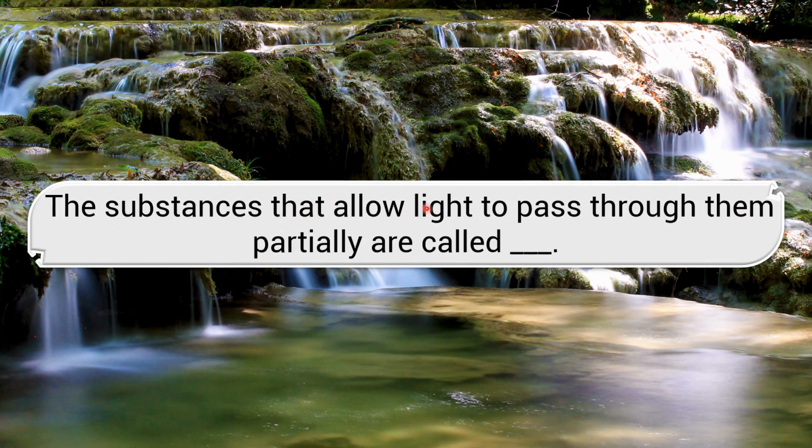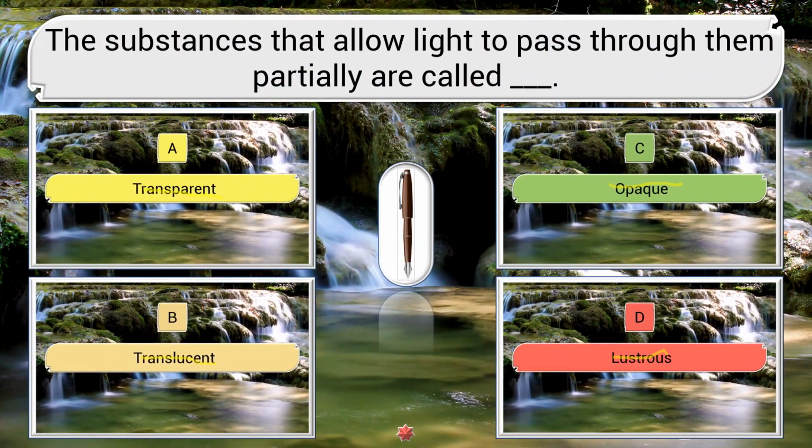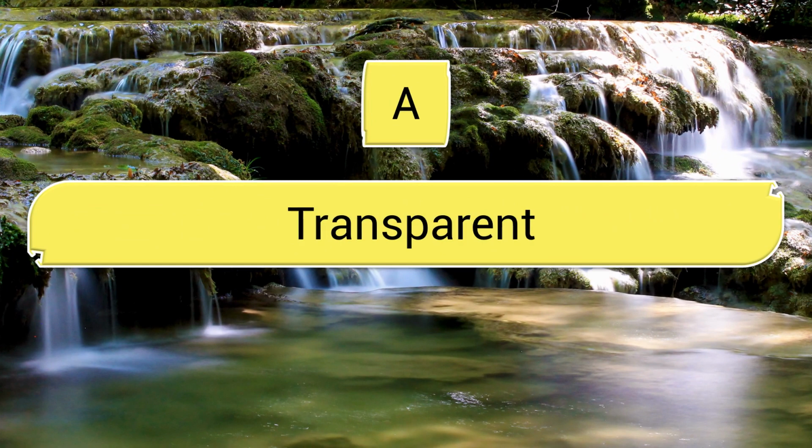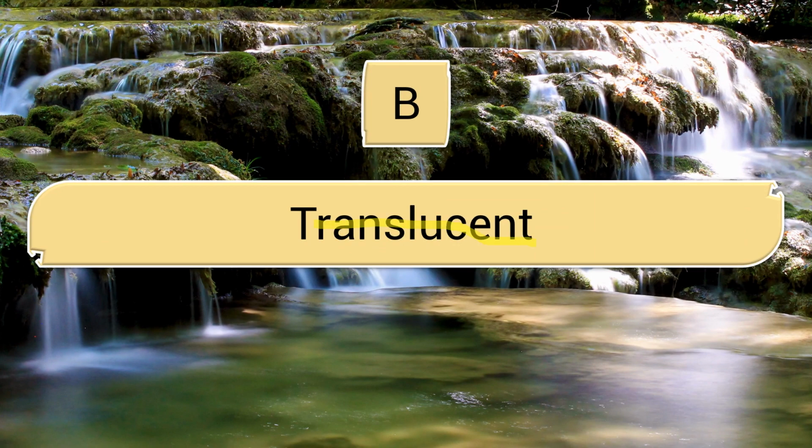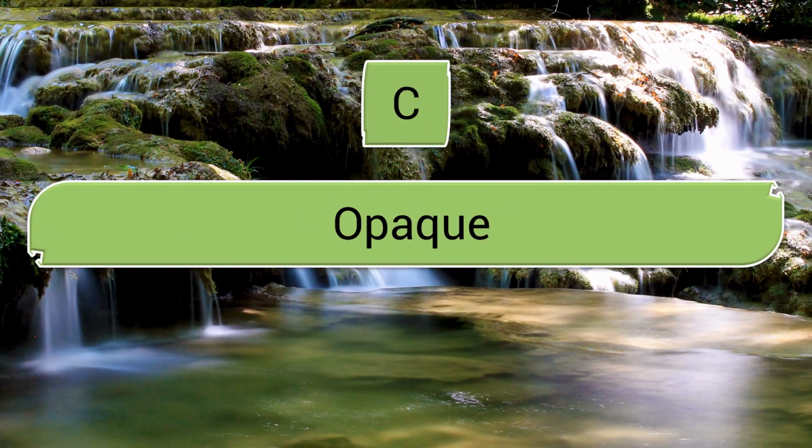The substances that allow light to pass through them partially are called, transparent, translucent, opaque, or lustrous.